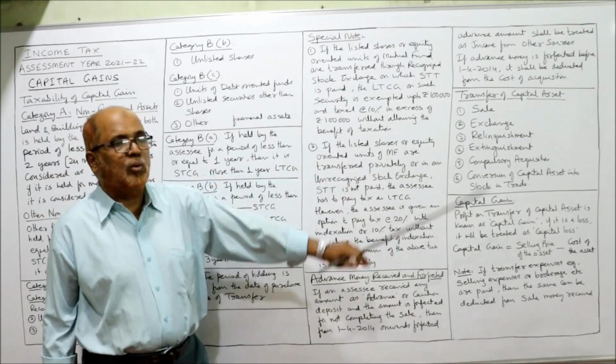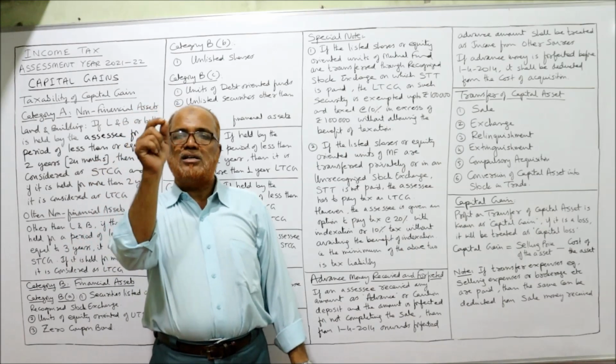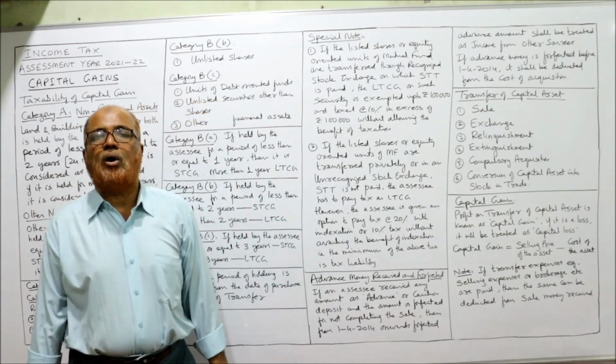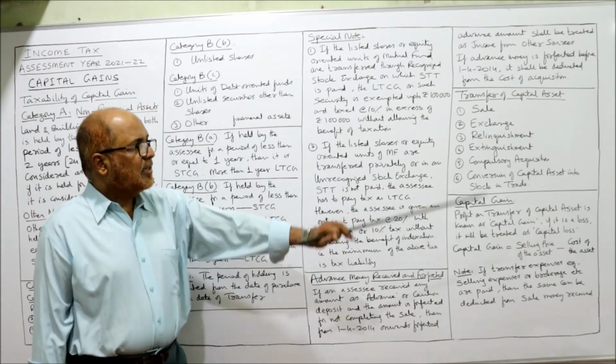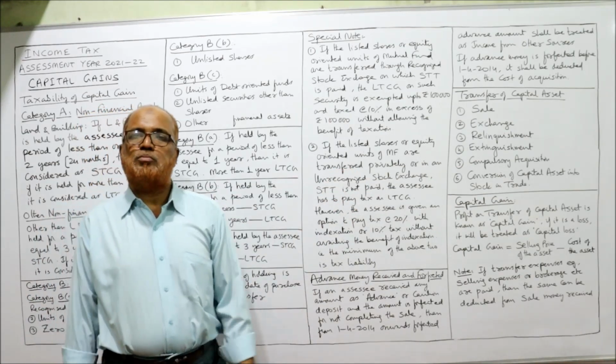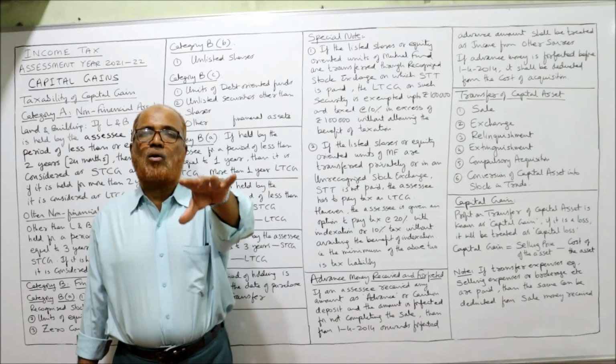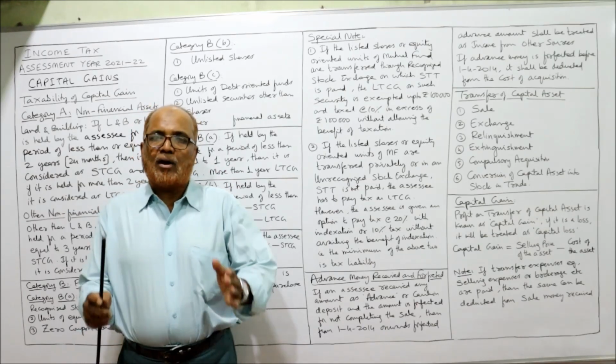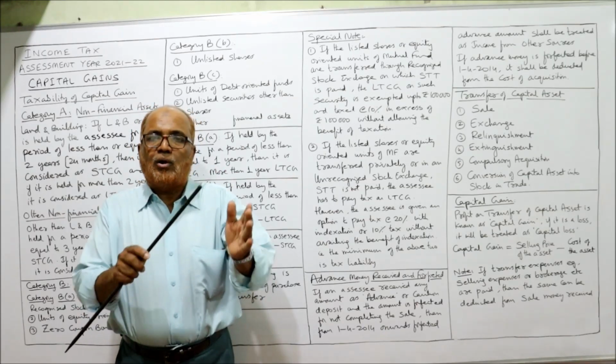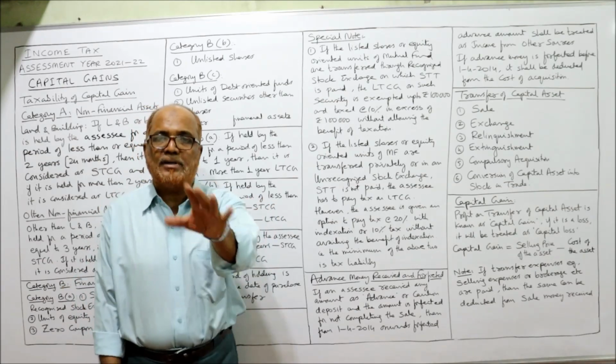That is called relinquishment. So relinquishment is also one of the methods of transfer. Next, fourth one is extinguishment. The transfer compulsorily takes place according to law. According to the provision of law, the ownership will be transferred compulsorily.